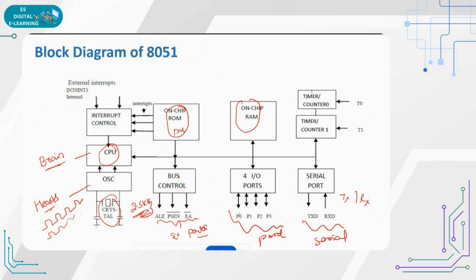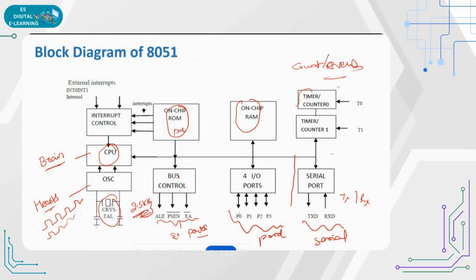And we have timers. Timers specifically count the number of events. How will this count happen? Whatever data you are sending from the serial port, it will count how much we received and how much we are transferring. It is a kind of monitoring of the bus. You are able to see there are some arrows.